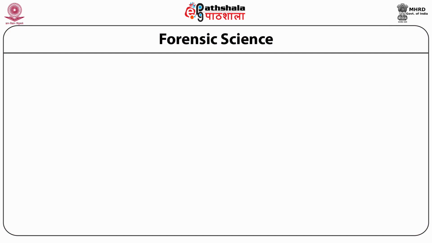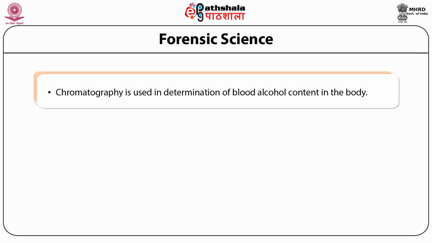Forensic science. Gas chromatography is used extensively in forensic science to identify and quantify various biological specimens and crime scene evidence. Blood alcohol analysis test is used by law enforcement to determine if a driver was unlawfully driving or operating a vehicle.